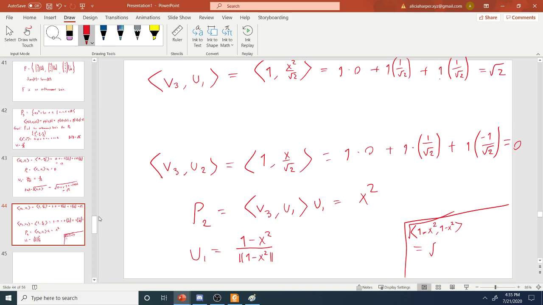This is just the square root of, so here I'm going to get 1 times 1, plus 0 times 0, plus 0 times 0. So I just end up getting 1. So u3 here just ends up being equal to 1 minus x squared.